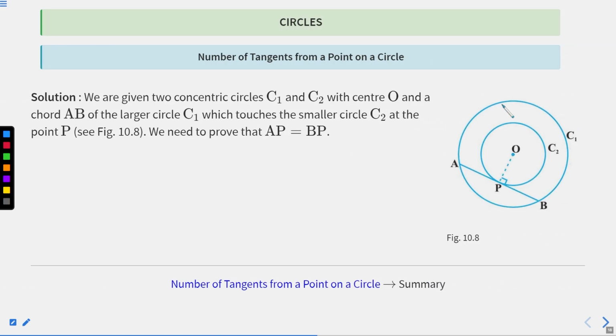Here you can see this figure 10.8. This circle and this circle are concentric circles.